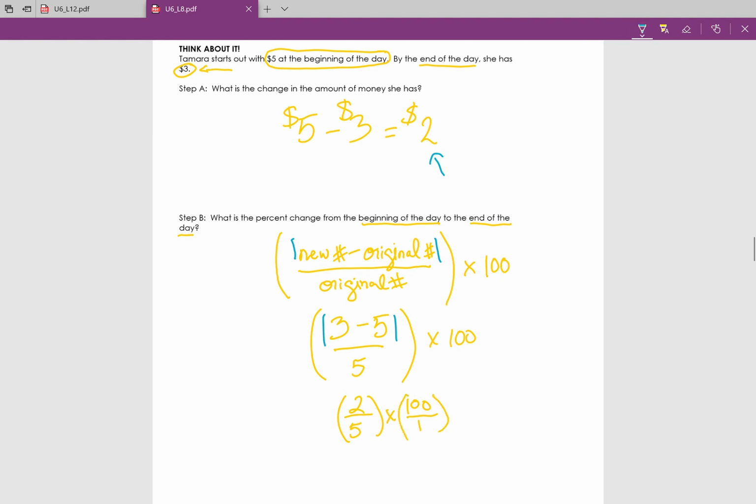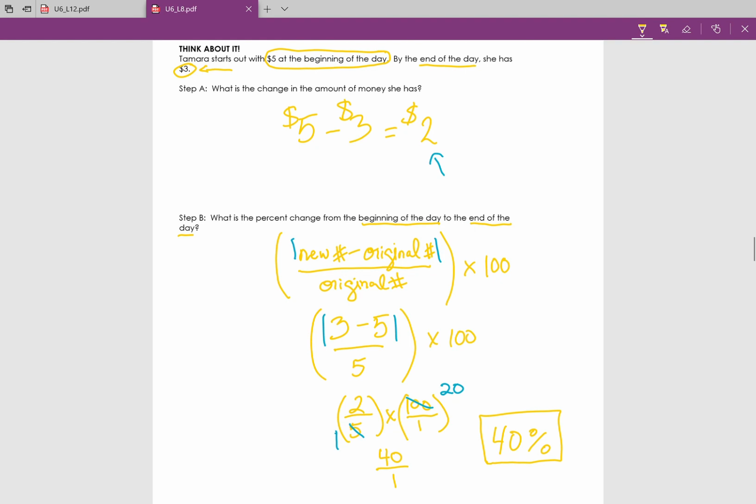So a common factor between 5 and 100 is 5. 5 divided by 5 is 1. 100 divided by 5 is 20. And then we multiply across. We're going to get 40 over 1, because we did 2 times 20 and 1 times 1. And we get our percent is 40% change.